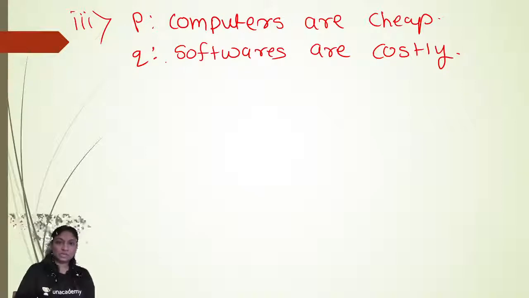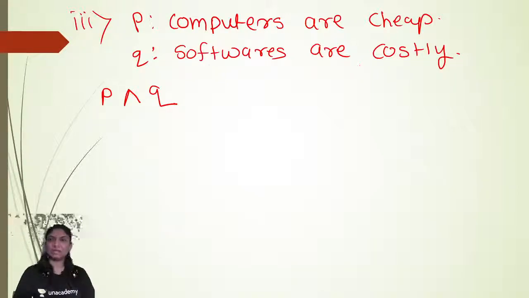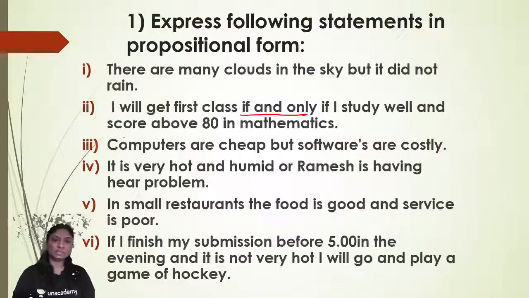Now this is your statement. So we can write it by using the logical connectives here. So P, computers are cheap but softwares are costly. It means and. So P and Q is your total statement by using the logical connective AND. Computers are cheap and softwares are costly.